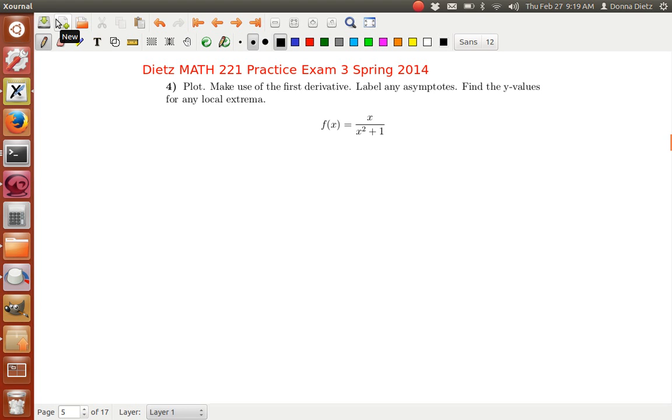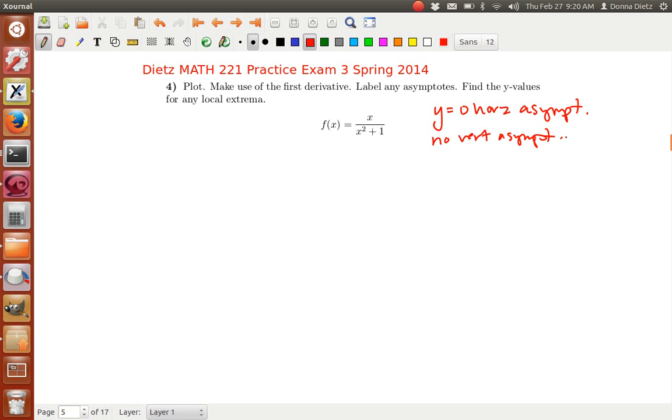Aren't we glad that we can actually use our variables the way we're used to now? Because the power of the denominator is higher than the power of the numerator, y equals 0 is a horizontal asymptote. But because the denominator is never 0, no vertical asymptote.